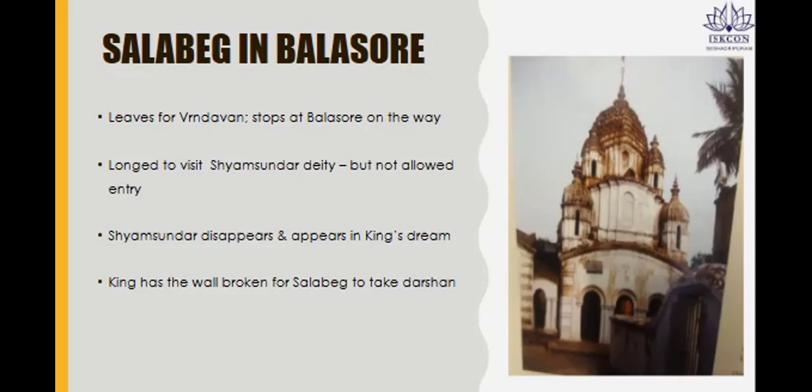So he prayed very intensely to the Lord, and then Lord Shyam Sundar disappeared from the place and appeared in the king's dream, instructing him to break the wall for Salabeg to take darshan, because he is a very good devotee. So the king actually broke the wall to let him take darshan.